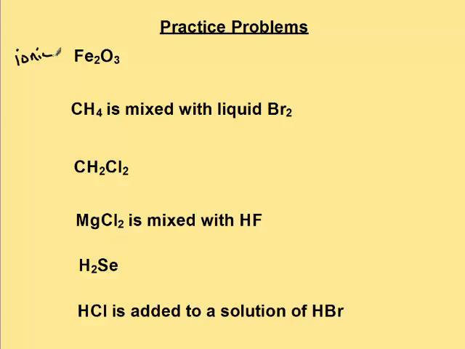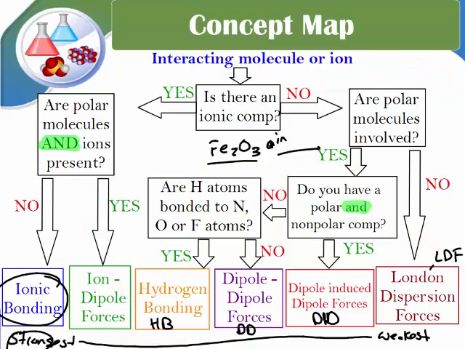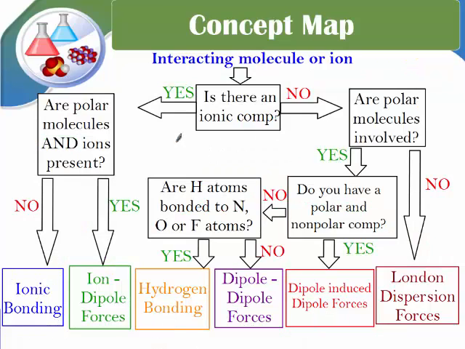Next, we have CH4 mixed with liquid bromine. First, do we have an ionic compound? Neither of those have a metal, so no. Are either of those polar?